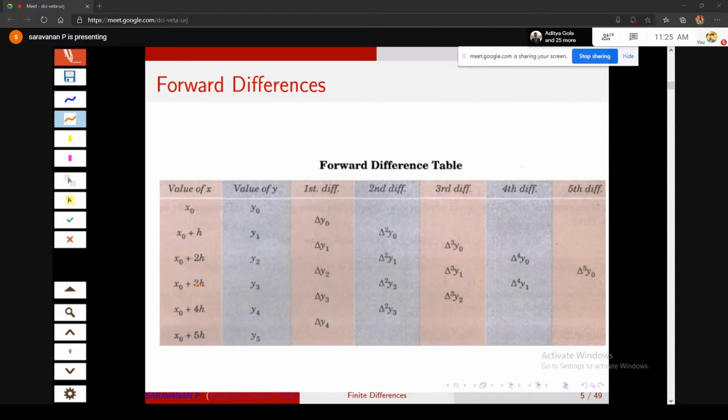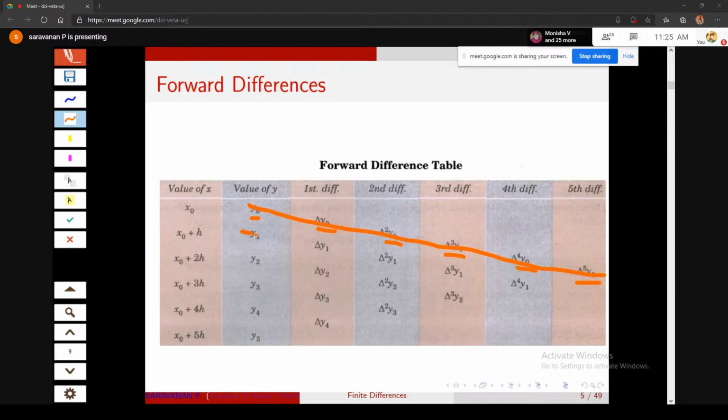And if you are using the forward difference operator notation, then this leading diagonal will be in terms of y0 and its forward differences. That is y0, delta y0, delta square y0, delta cube y0, delta power 4 y0, delta power 5 y0. So that is this diagonal, from top to the bottom. This will be in terms of y0 and its forward differences.